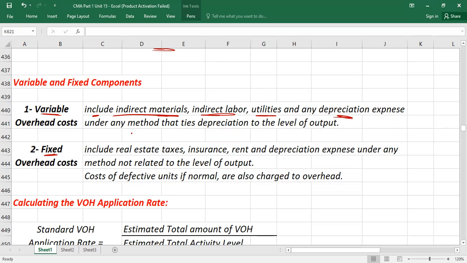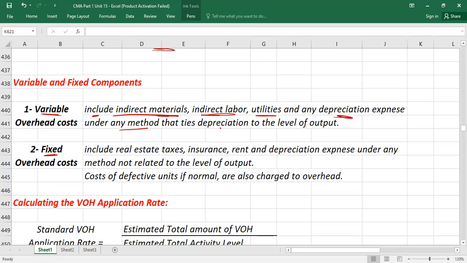But depreciation expense, under any method, this is the important point. Normally, in accounting, we use the straight line method or the reducing balance method, right? If you're getting any depreciation of factory, plant and machinery based on the straight line or reducing balance method, those depreciation amounts are called fixed amounts because they have no relation with the production.